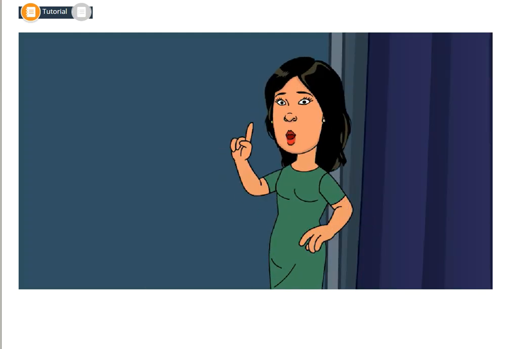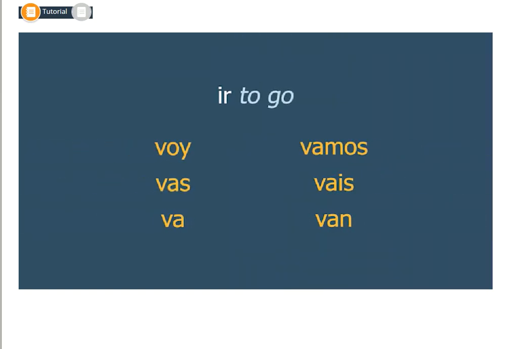And finally, some verbs are irregular in all present tense forms. Ir, voy, vas, va, vamos, vais, van. Ser, soy, eres, es, somos, sois, son.